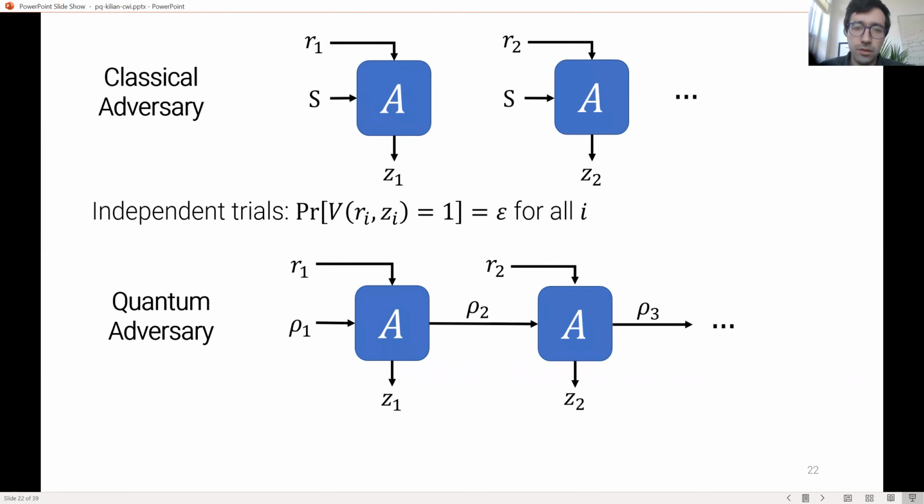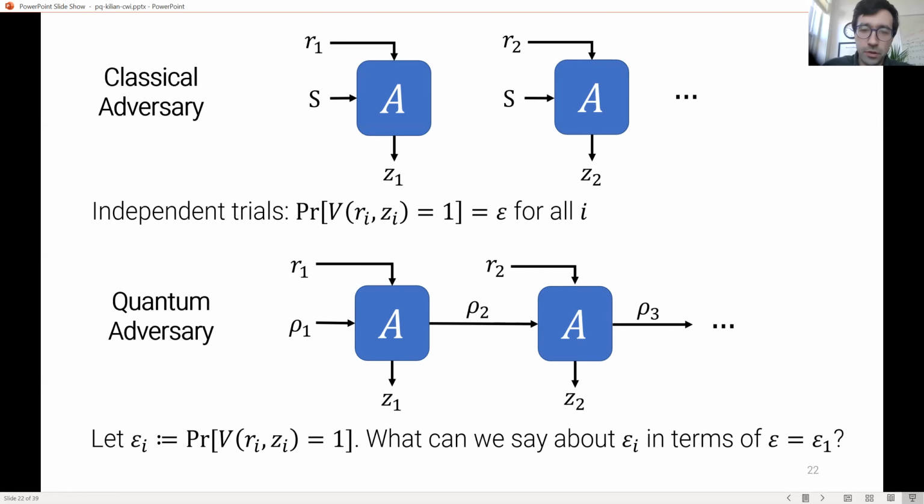And so rewinding for a quantum adversary looks more like this. You run a trial, you choose a random R1, you get a result Z1, but then you have to use the residual state that you get after you run the adversary to run him a second time.